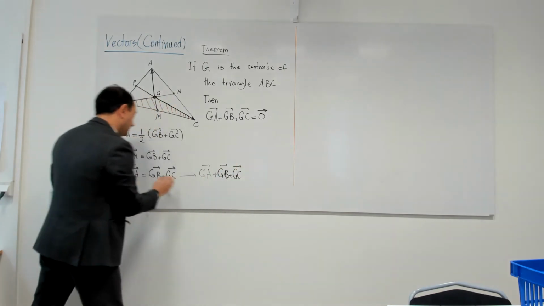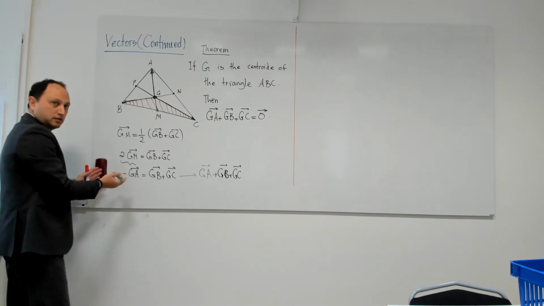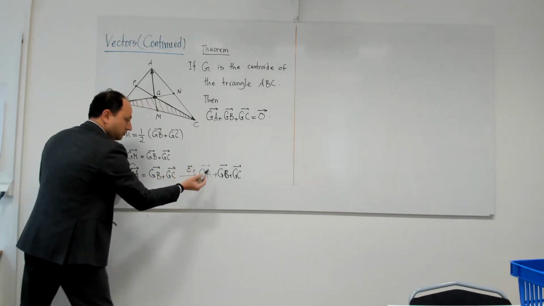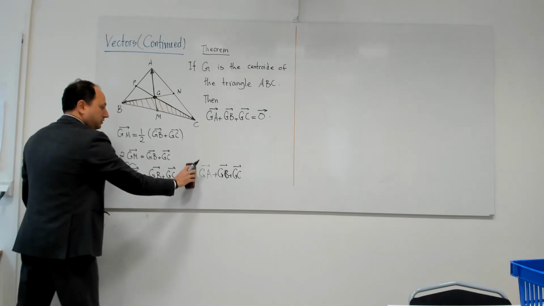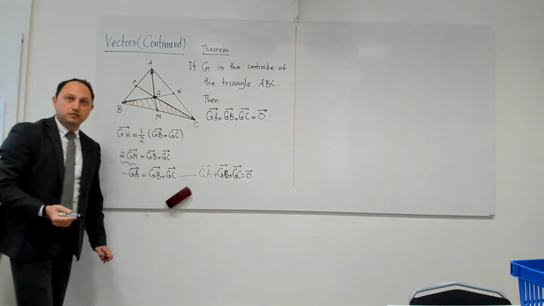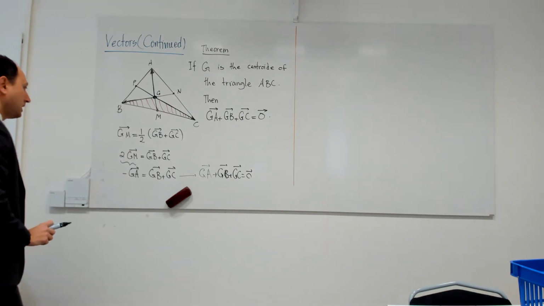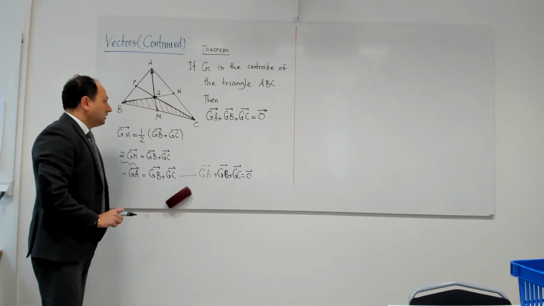And what is left on the left-hand side? Of course, the 0 vector. But instead of writing 0 vector is equal to this, let me write this one is equal to the 0 vector. Is that clear? Okay.